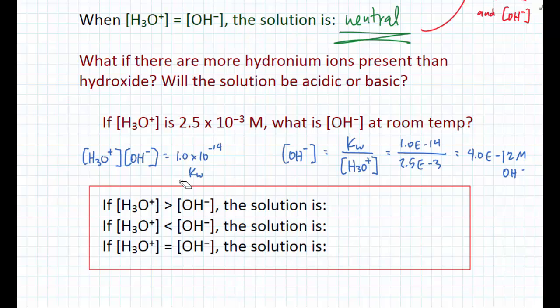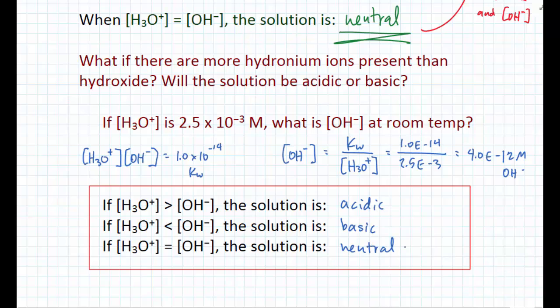So if hydronium is greater than hydroxide, the solution is what? Hydronium is greater. Yeah, this is the source of acidic properties, right? That's an acidic solution. Other way around is a basic solution, and when they're equal, the solution is neutral.